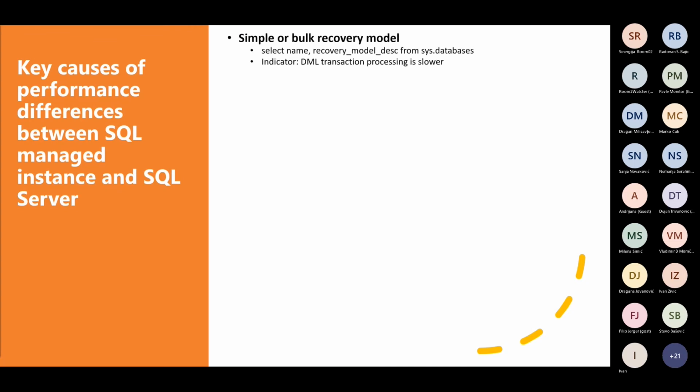So, simple or bulk-logged recovery model: the drawback of the full recovery model that all MIs use by default is that it generates more log data than the simple or bulk-logged recovery model, meaning that DML transaction processing in the full recovery model will be slower.